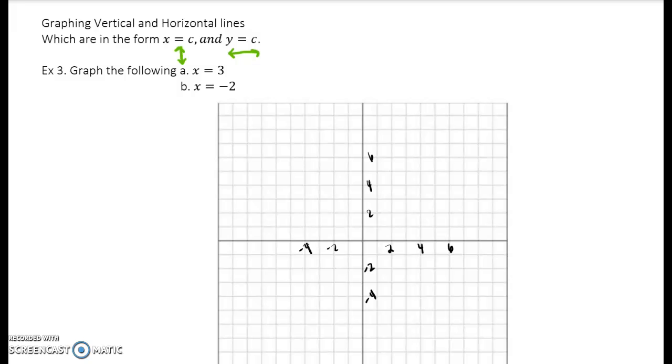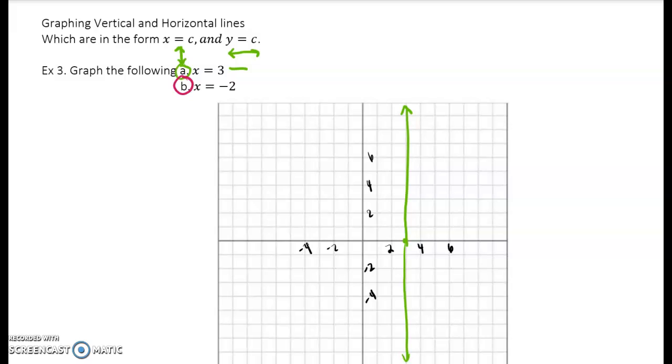All right, so the first one again is x equals 3. So you're going to find 3 on the x-axis. There it is. And then you're going to draw a vertical line through that point. So that's my first one.